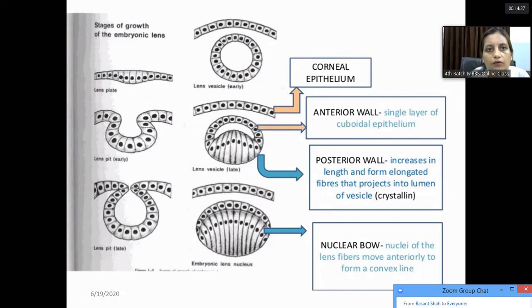So this is how the lens develops. Remember the stages: lens placode, pit, lens vesicle, optic vesicle, and then the structures form.